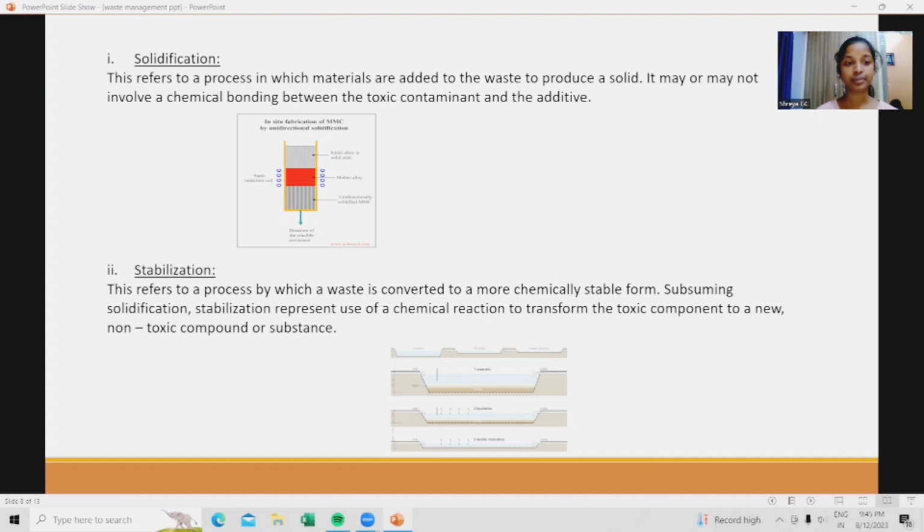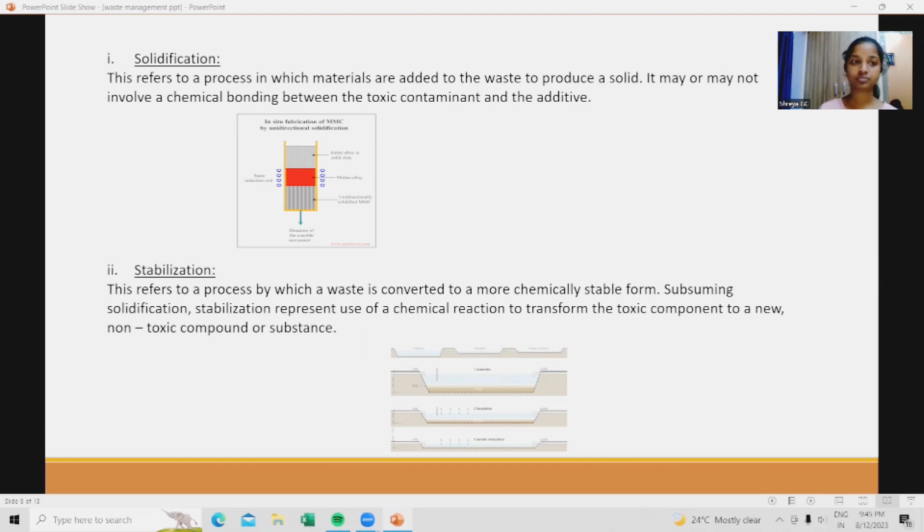And the second one is stabilization. This refers to a process by which a waste is converted to a more chemically stable form. Subsequent solidification stabilization represents the use of a chemical reaction to transform the toxic component to a new non-toxic compound or substance.